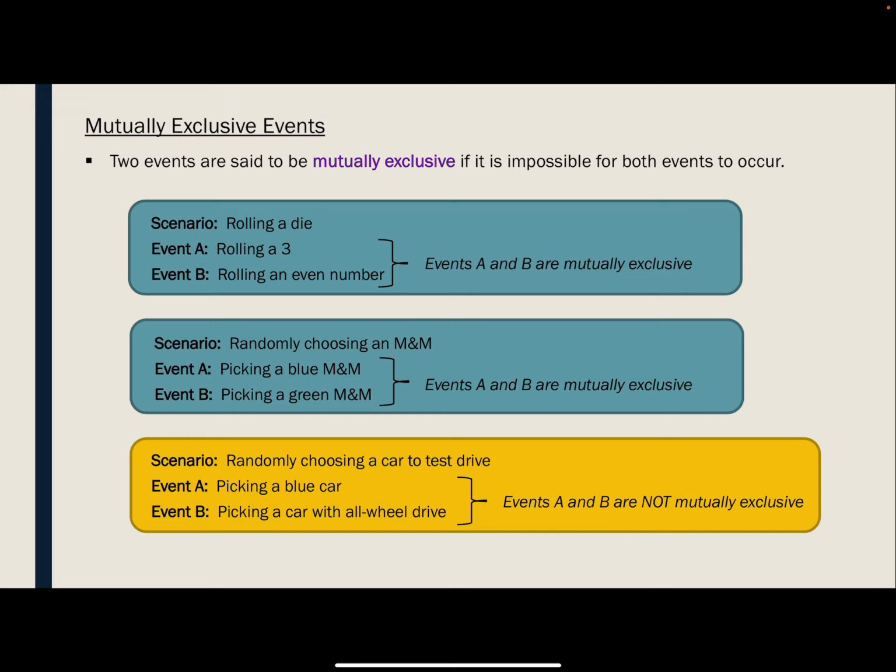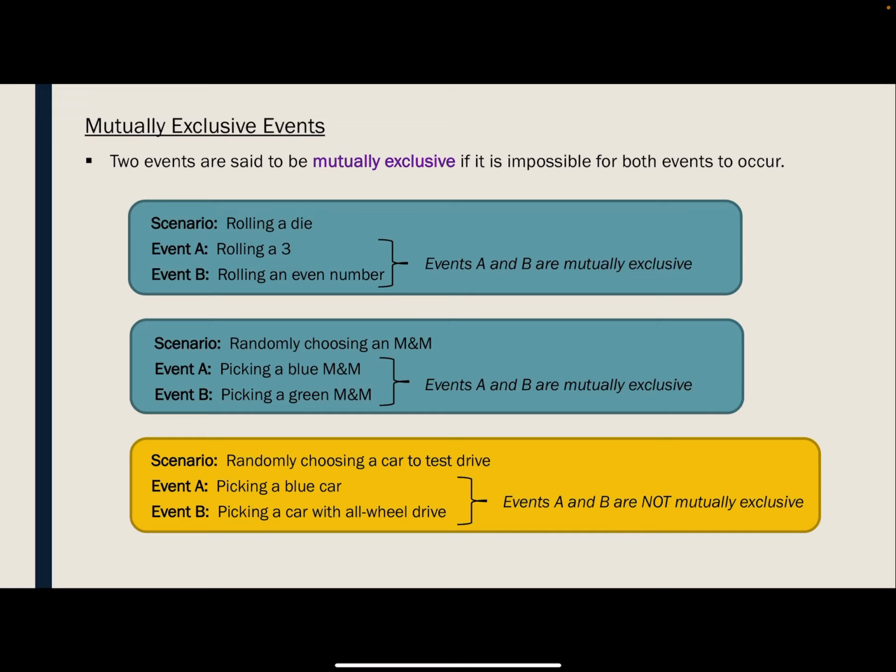Or say we're choosing M&Ms. There are no M&Ms that have more than one color, so picking a blue M&M and picking a green M&M would be mutually exclusive events, since there are no M&Ms that are both blue and green. An opposite, a scenario that's not mutually exclusive, would be if I'm at a car dealership and want to test drive a car, and event A is picking a blue car and event B is picking a car with all-wheel drive.